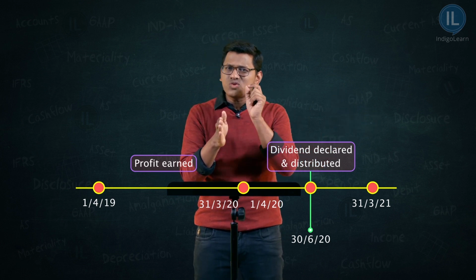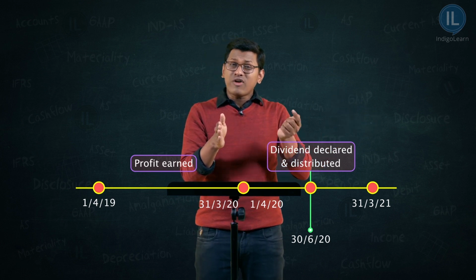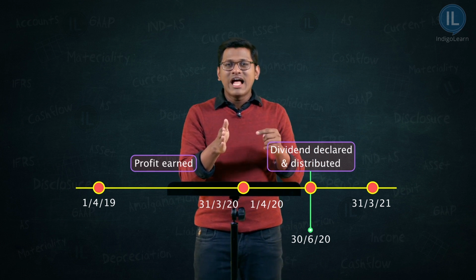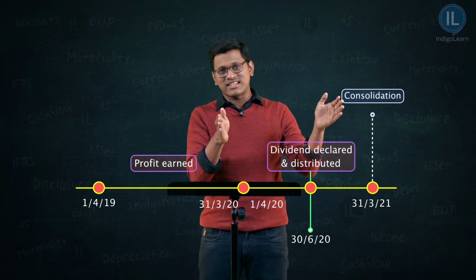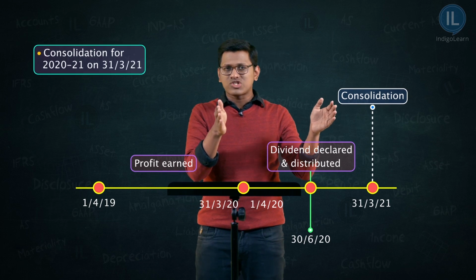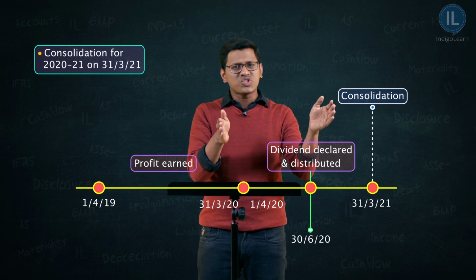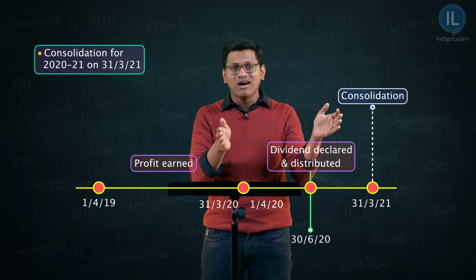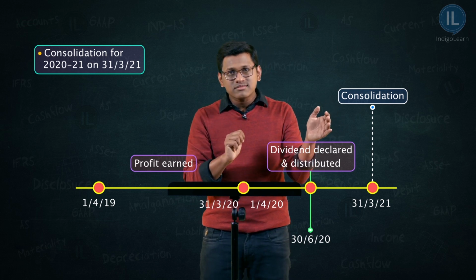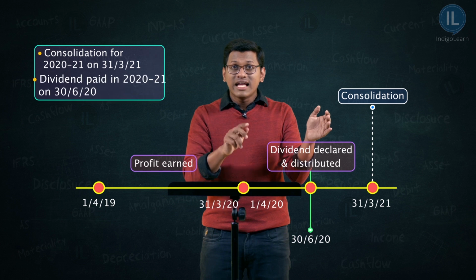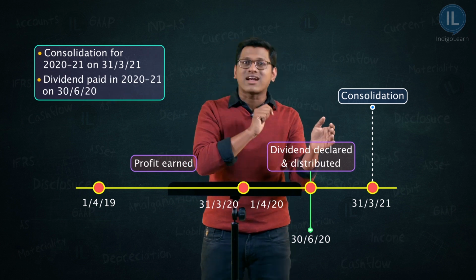Now, if I am doing the consolidation of this next financial year, that is from 1st April 2020 to 31st March 2021, chartered accountants concentrate, there is dividend paid in the current year.